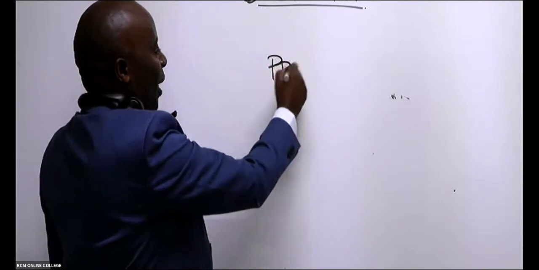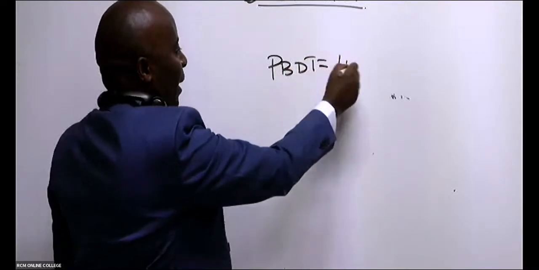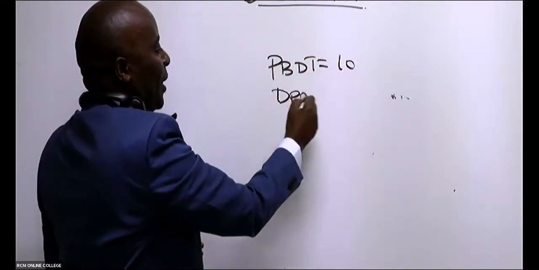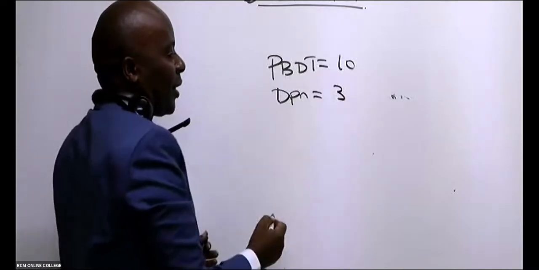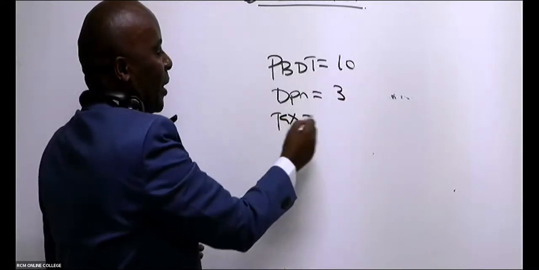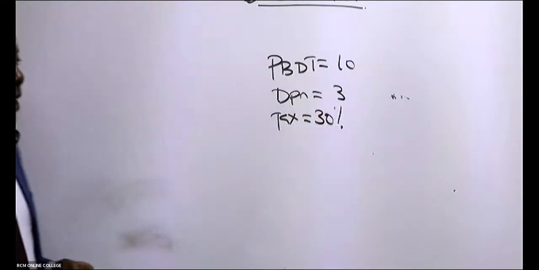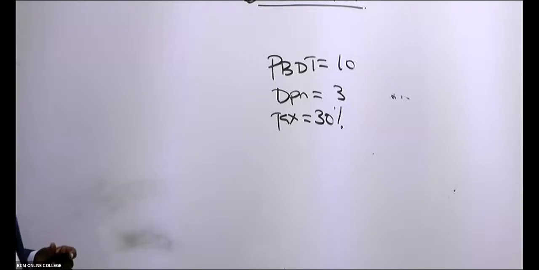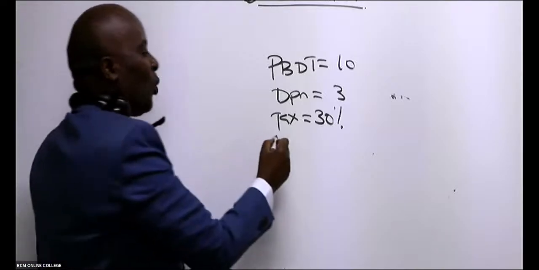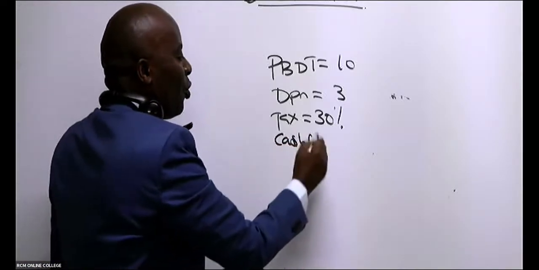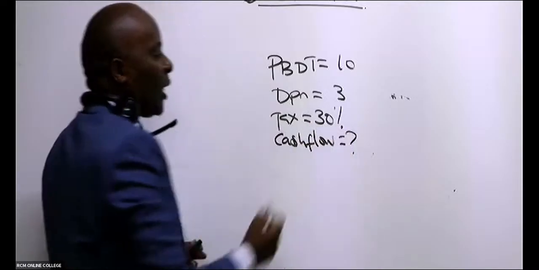So illustration one, if PBDT is 10, and then depreciation, in this case here, is 3, and then tax is 30%. I would want you to calculate for me the cash flow. Please calculate for me the cash flow.